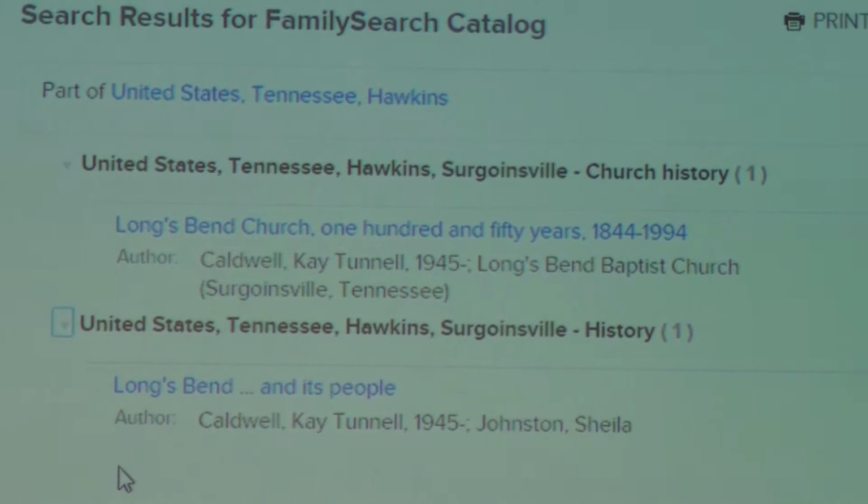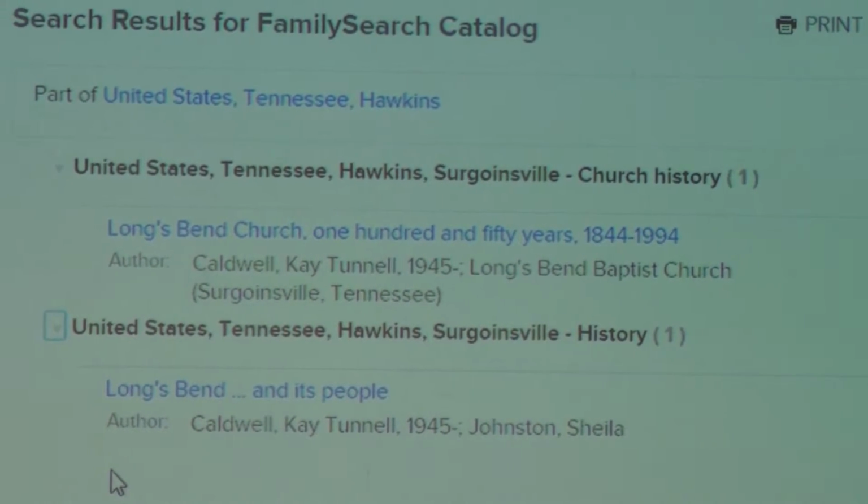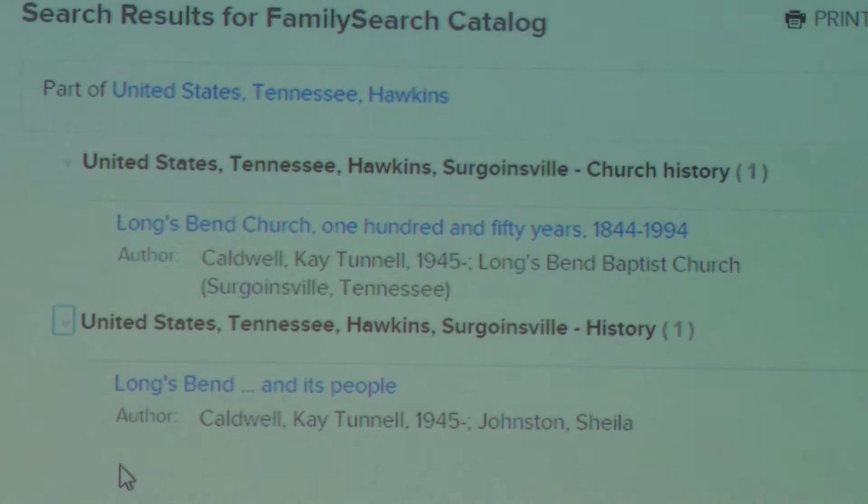So apparently the original name was Long's Bend, which also gives us additional information about that particular place.